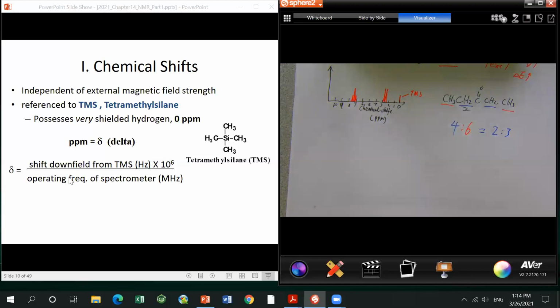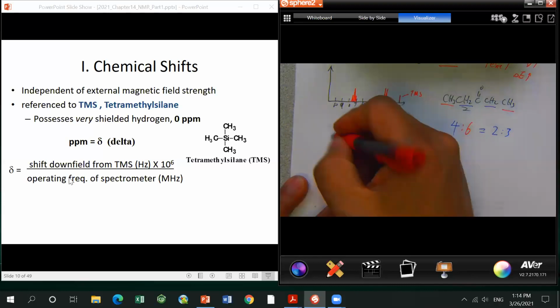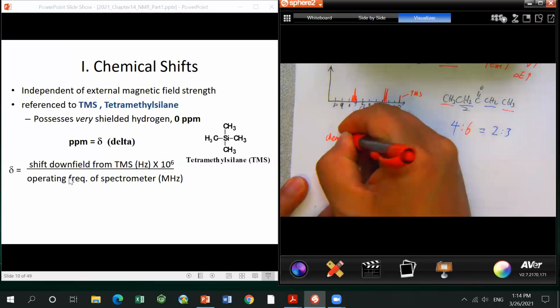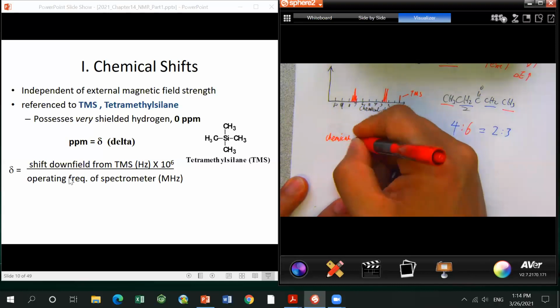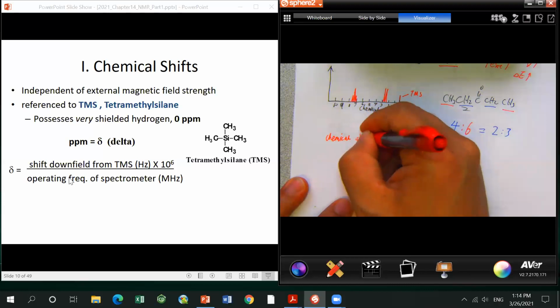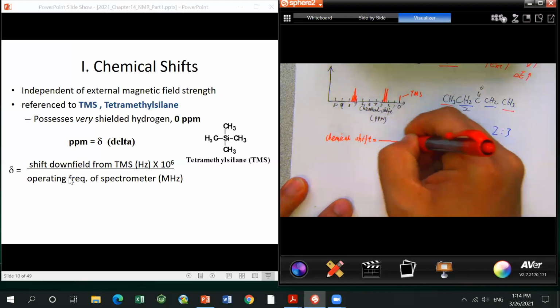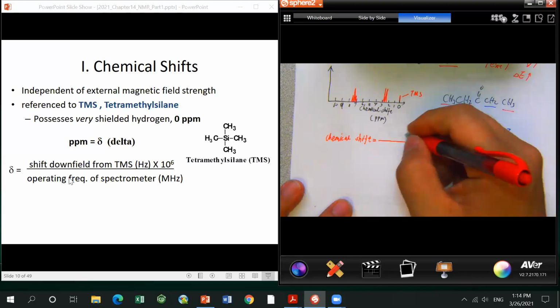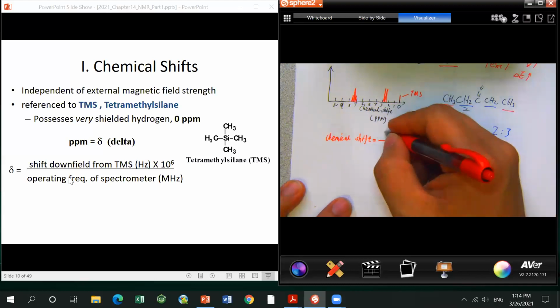Maybe I'll write it again for you. So just keep this equation in mind. It helps you determine the chemical shift. But in the exam, we won't do any calculations.